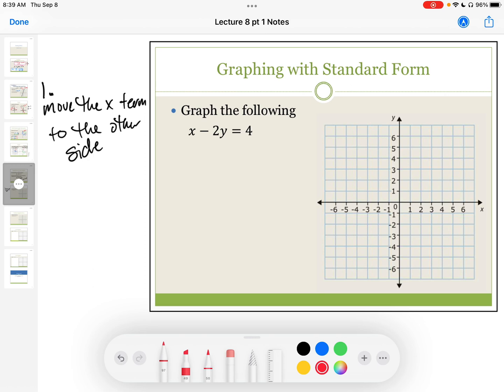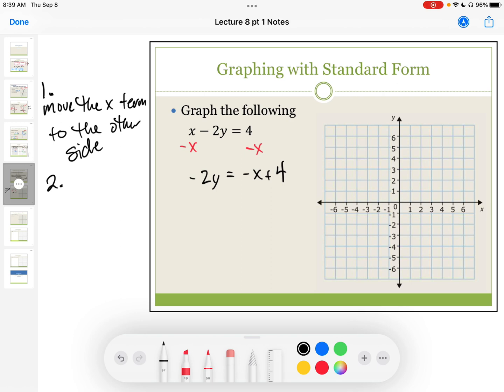Well, I've got x minus 2y equals 4. I need to subtract that x to the other side of the equation. When I do that, I still have a negative. It's a negative 2y equals negative x plus 4. Now, those two terms do not combine together because they are not like terms. Okay, so we moved our x term to the other side.